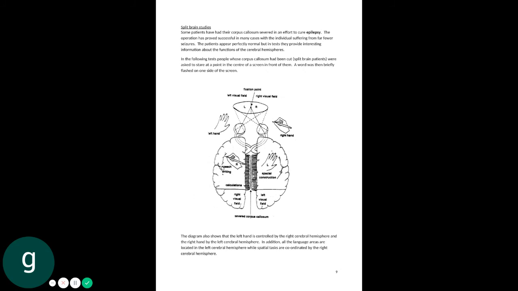The left hand side of my brain can understand information that comes in from the right hand side. Whereas if I close my right eye and look with my left eye, where it says here left visual field, that information goes into the right hemisphere. And the right hemisphere cannot do anything with that.